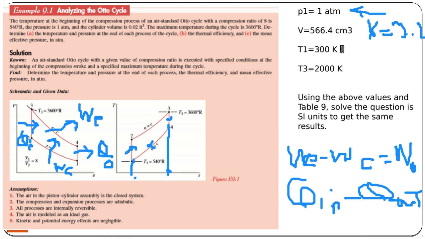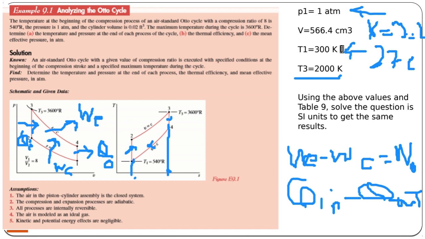If there are 4 cylinders, the total volume of the cylinders is going to be 2.2 liters. The inlet temperature is 300, which is also typical because it's 27 Celsius. And the maximum temperature at the end of the heat addition process is 200 Kelvin.